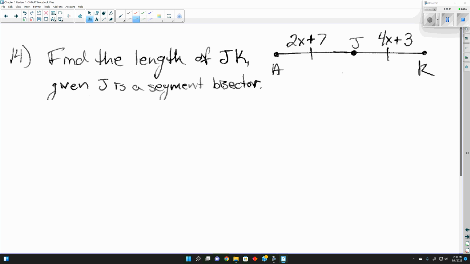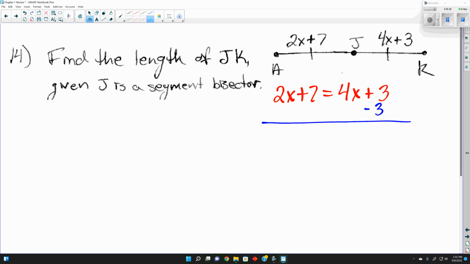Because J is a bisector, so these two segments are going to be the same. Because again, once we find the value of x, we can plug it back in to find the length that it's asking for. So 2x plus 7 is going to equal 4x plus 3. So what we can do is solve for the value of x.